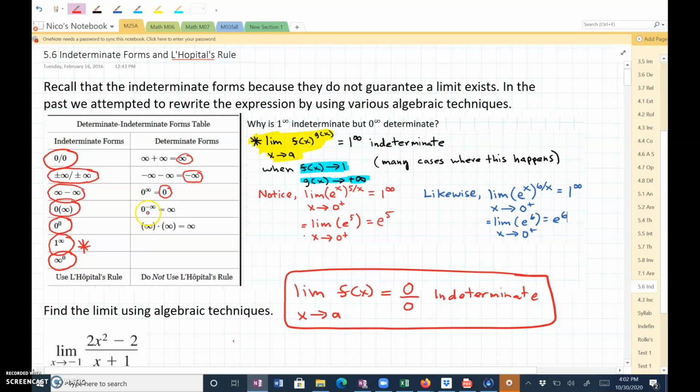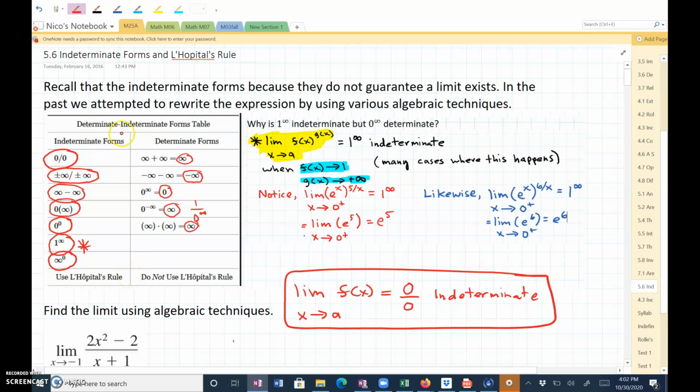If you get 0 to the negative infinity power, that would be like 1 over 0 to the infinity power. That's going to equal infinity. And if you get infinity times infinity, that's going to be infinity.